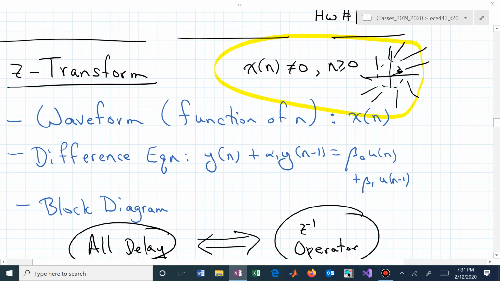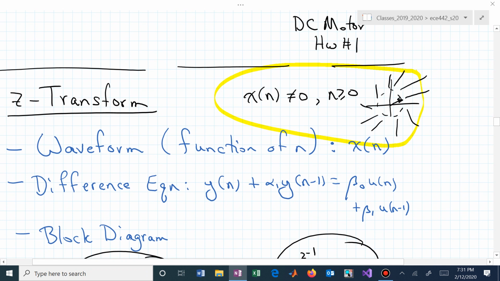And now maybe that makes more sense to you after today's lecture. We want causal sequences, x of n's, that have non-zero values for non-negative values of little n. That's probably what I'll be asking you to z-transform.